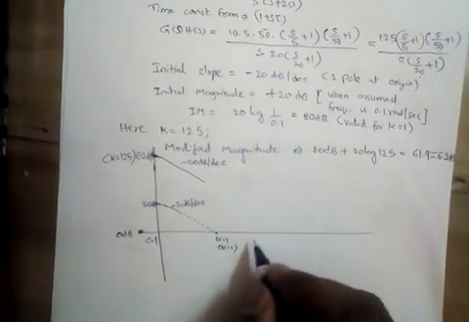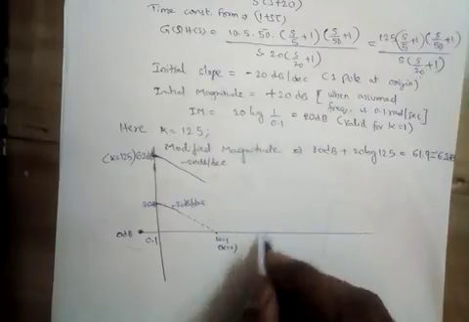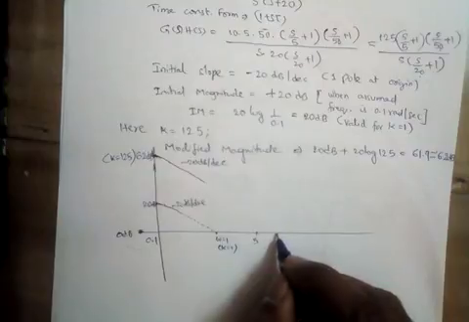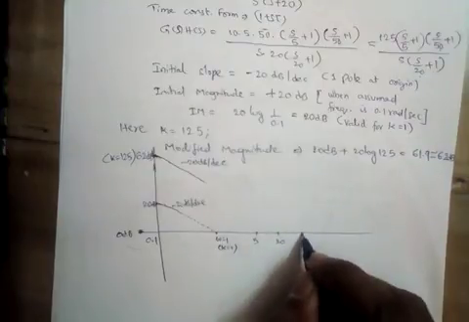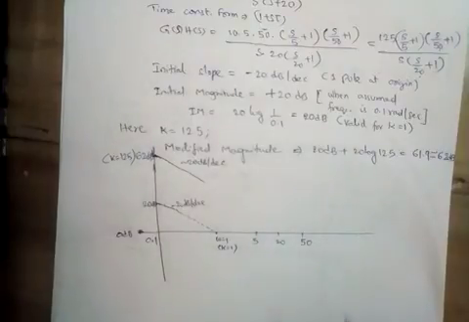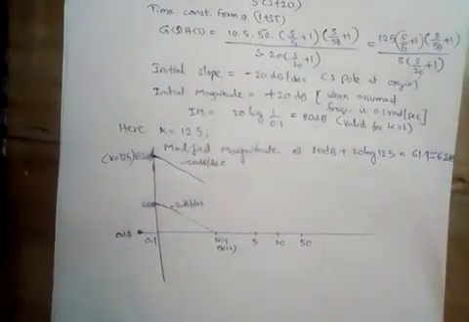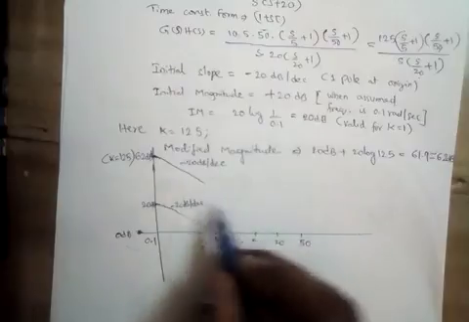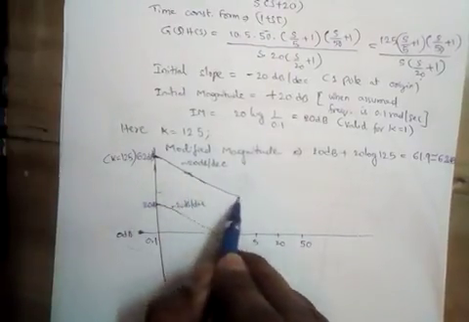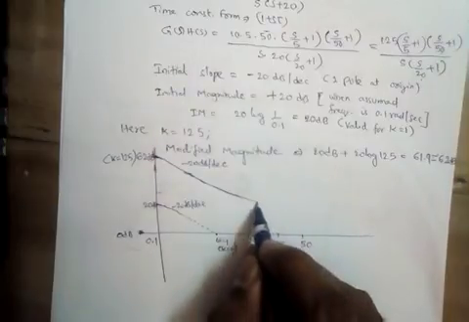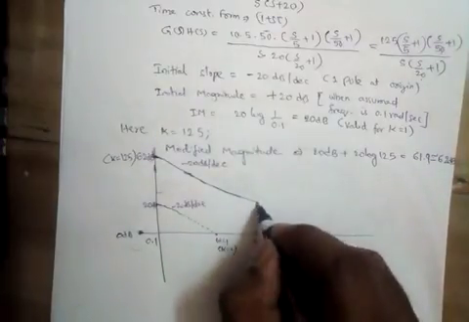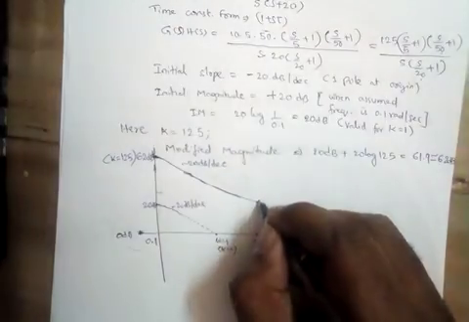Next we denote the corner frequencies: omega equal to 5 radians per second, next is 20, and next is 50. When it reaches 5 radians per second, at omega equal to 5, one zero is added.